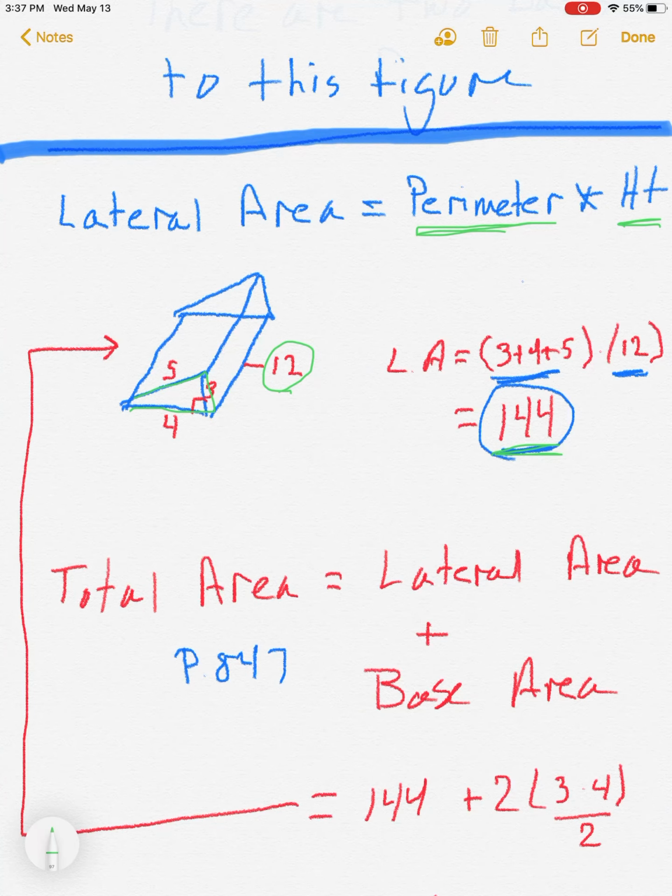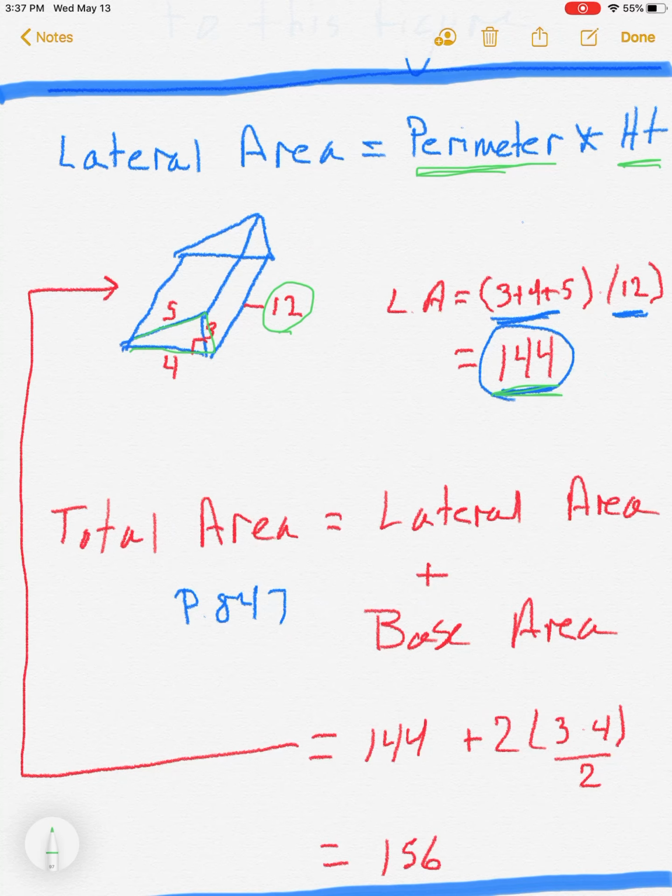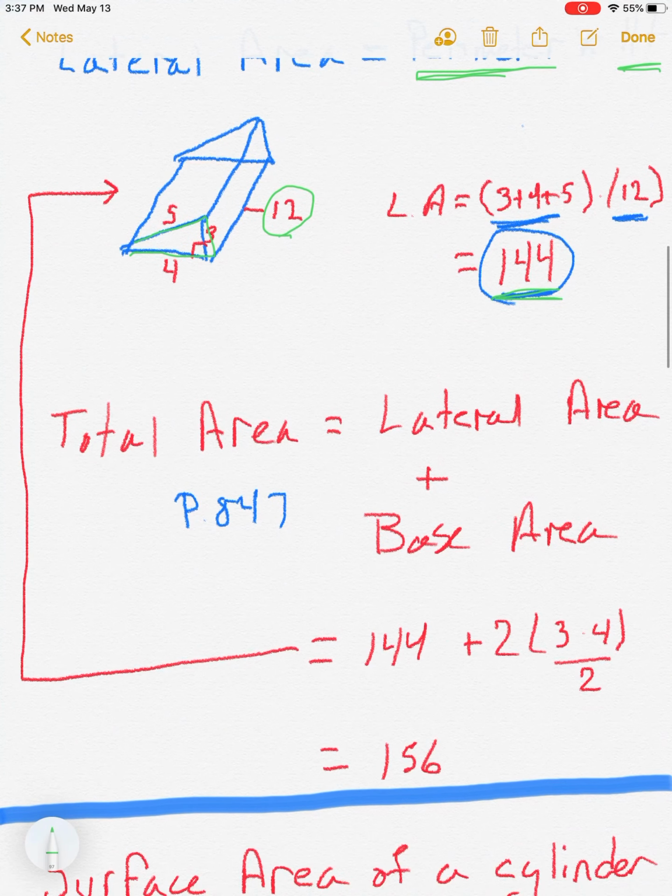If the problem said find the total area, we would have to add to the lateral area the two triangles. Each triangle has dimensions 3 by 4. The area of a triangle is base times height divided by 2, 3 times 4 divided by 2. But since there are two of them, a top and a bottom, we could simply take 3 times 4, 12, add it to 144 and get 156.